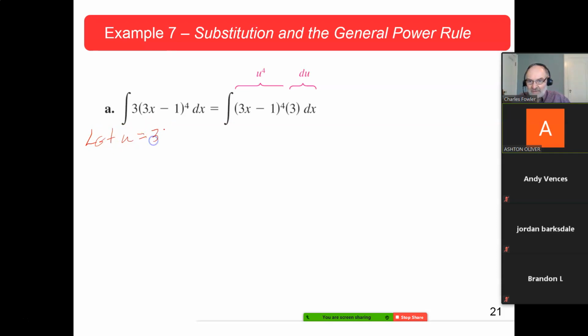Let u equal 3x minus 1. That's it. Always follow the let with a then. du is equal to, and what is the derivative of 3x minus 1? Anybody?